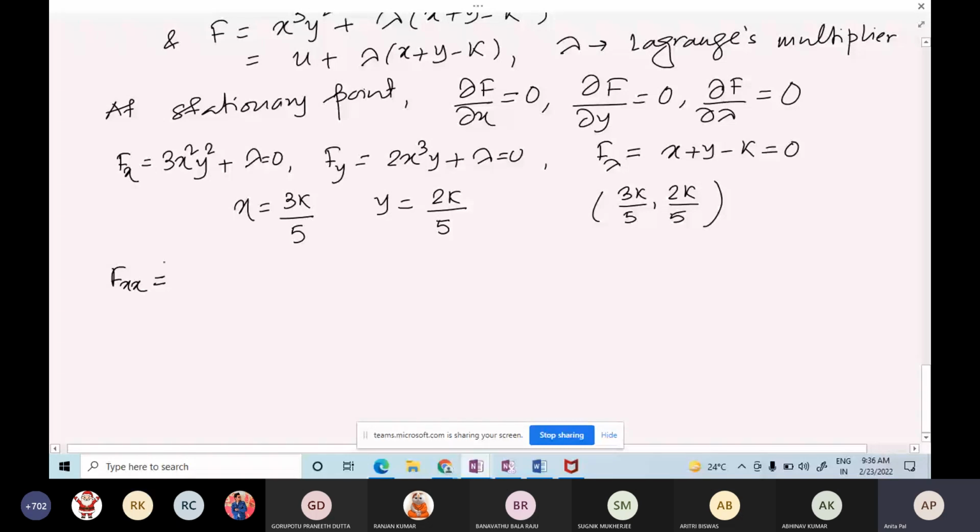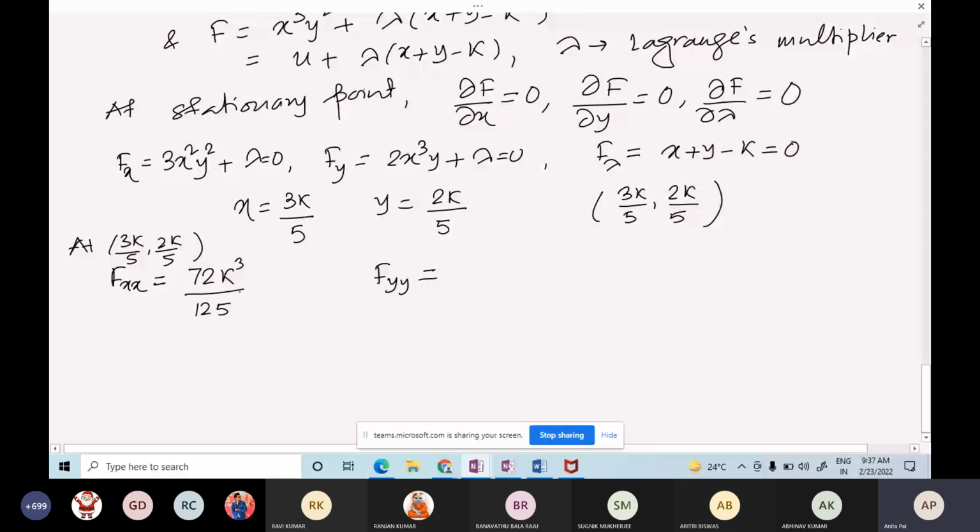Now put the point 3k by 5 and 2k by 5. fxx is 72 k cube by 125.